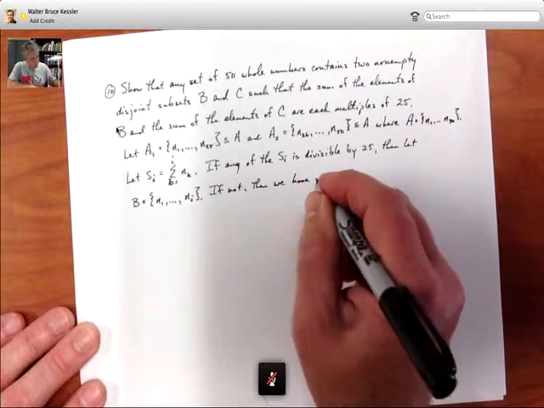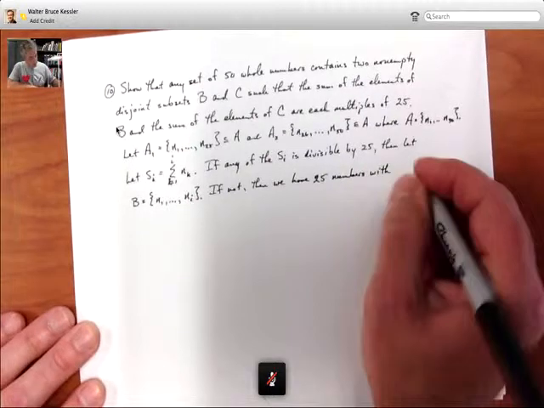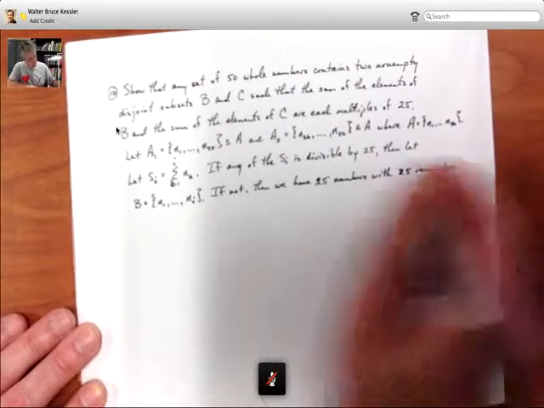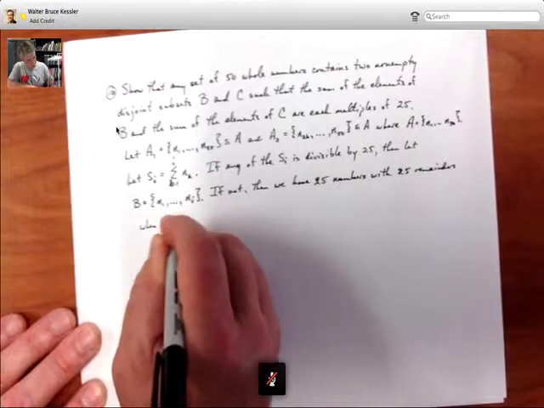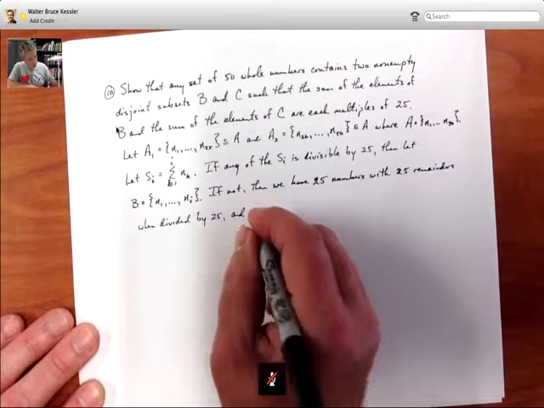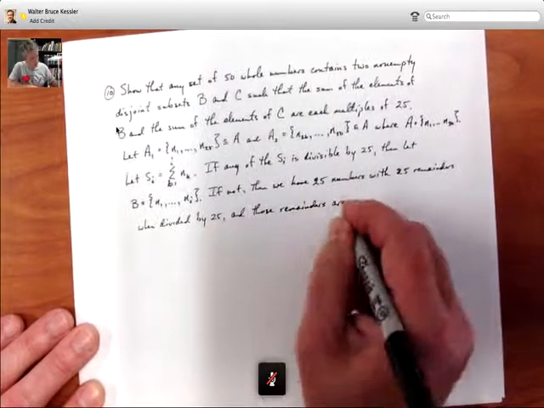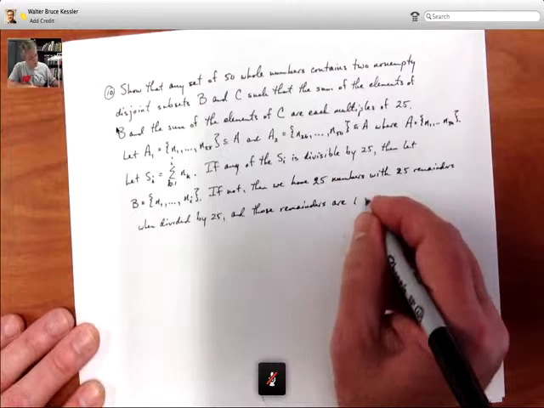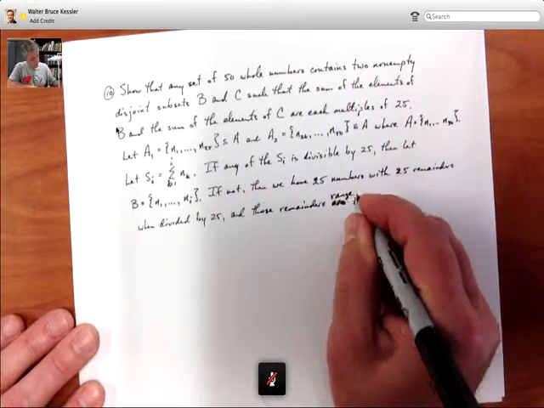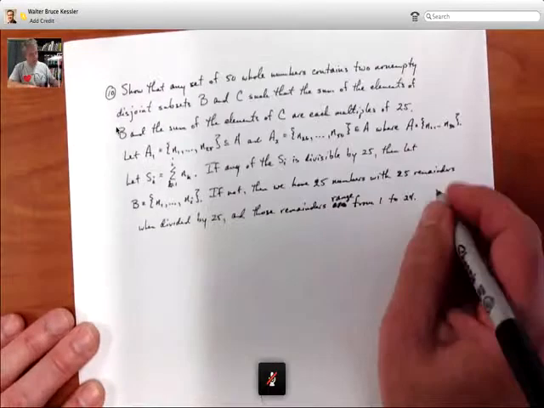then we have 25 numbers with remainders when divided by 25, and those remainders range from 1 to 24.